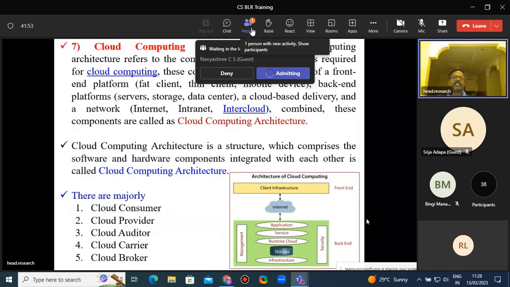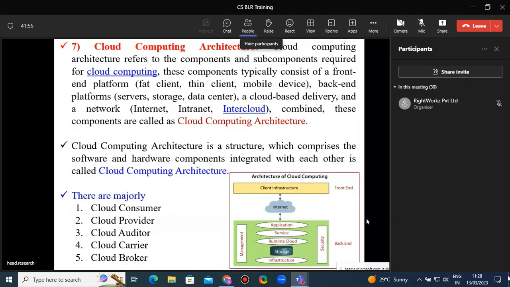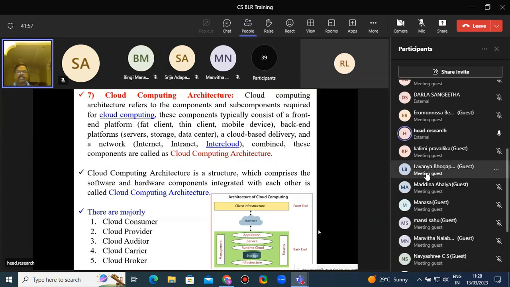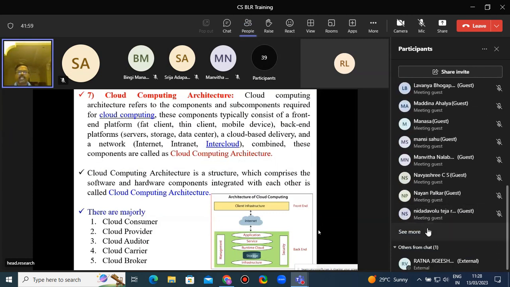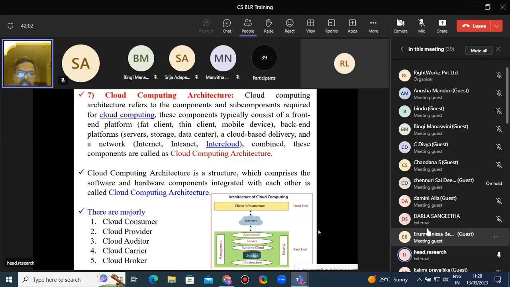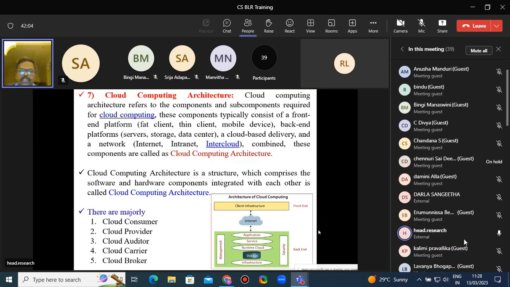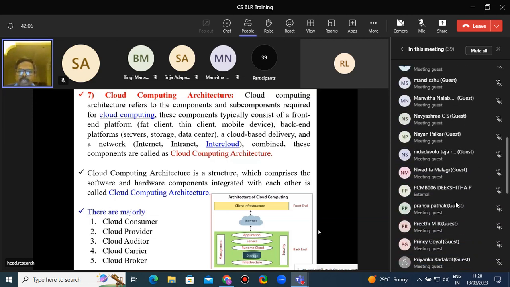Then the seventh one is cloud computing architecture. Cloud computing architecture refers to the components and the sub-components required for cloud computing. These components typically consist of front-end platform like fat client, thin client, mobile devices, back-end platforms like server, storage, data center, a cloud-based delivery and a network like internet, intranet, cloud.